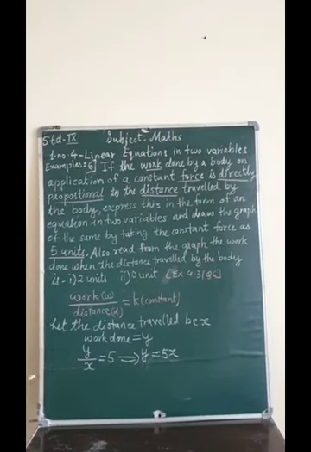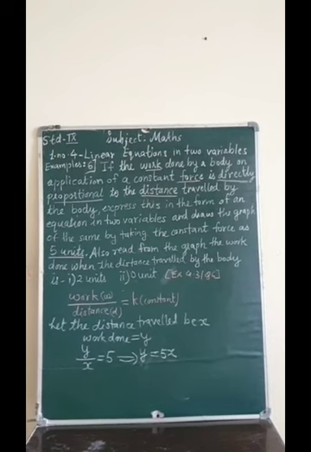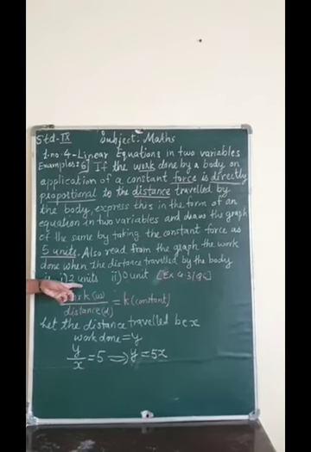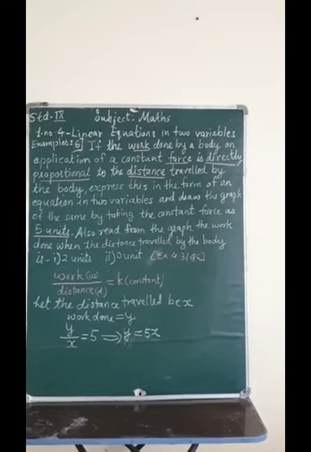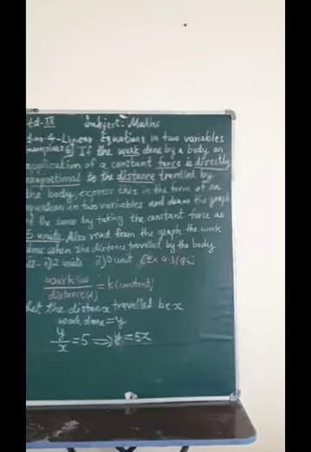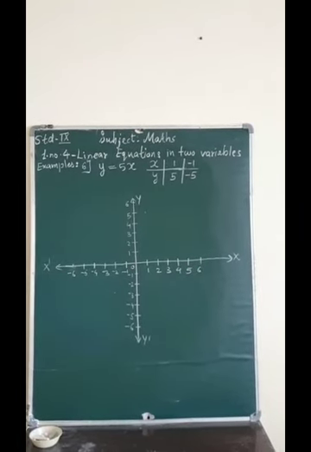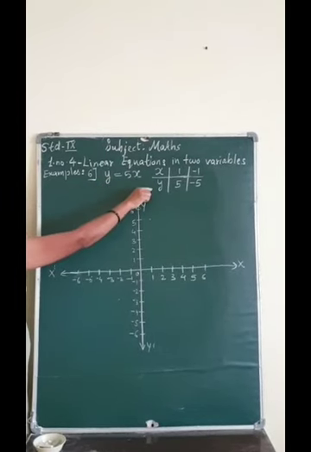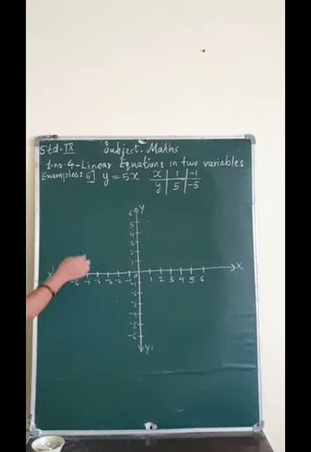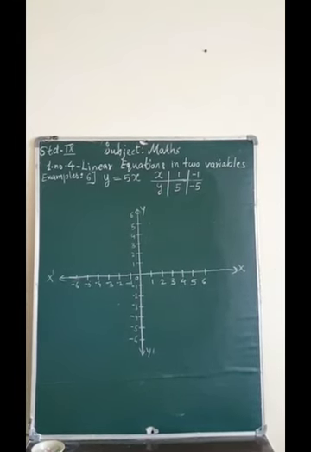Now we are using this equation to draw a graph, and from the graph we are reading the work done when distance is 2 units and 0 unit. Let's draw the graph of this equation by taking the values for x and y. x is 1, then y is 5; x is minus 1, y is minus 5.